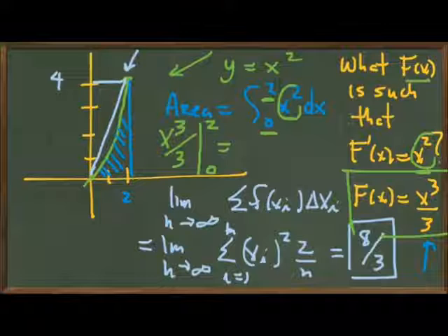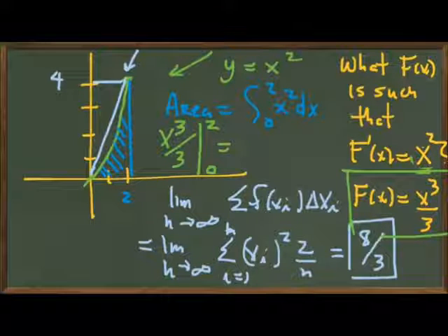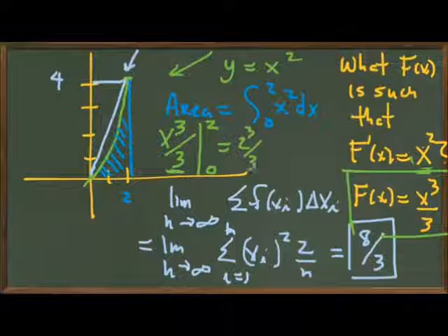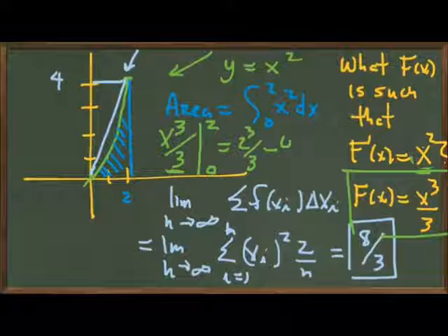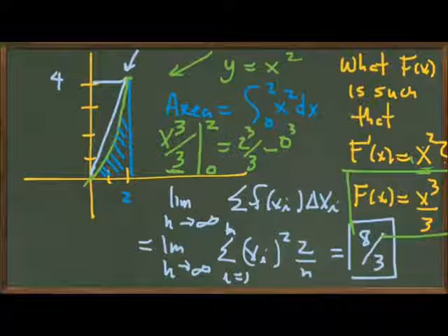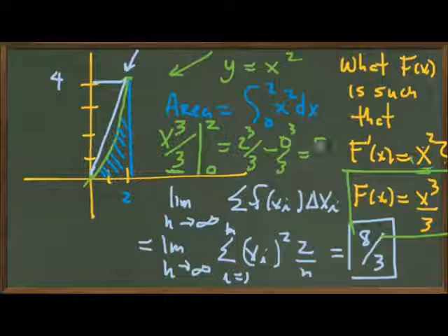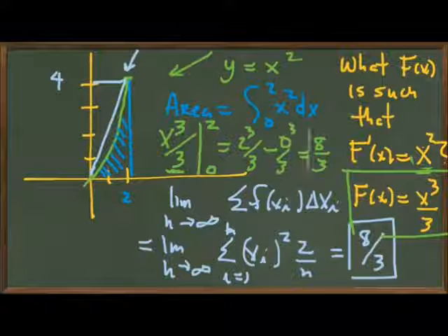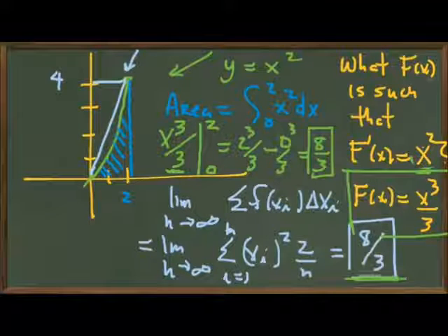And so that is equal to, first we plug in 2 to x cubed over 3, which gives us 2 cubed over 3, and then we subtract, plugging 0 into it, 0 cubed over 3, and that is our 8/3. So that's a really fast way to get this result that we got earlier using this long-handed method, which is quite a bit longer than what we showed here.